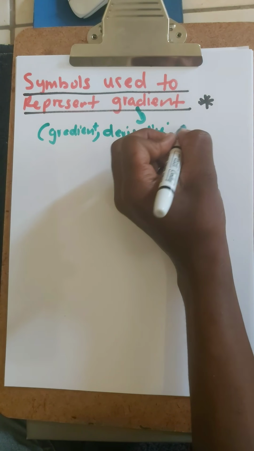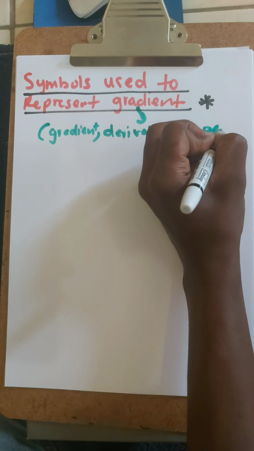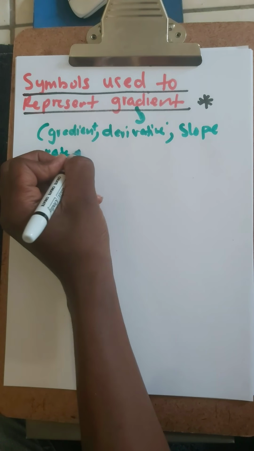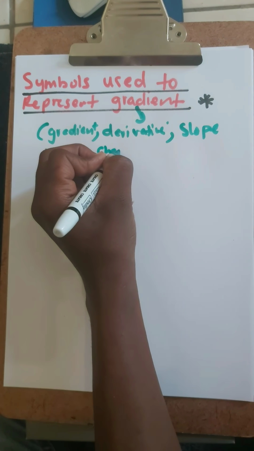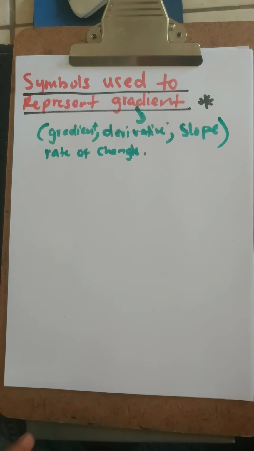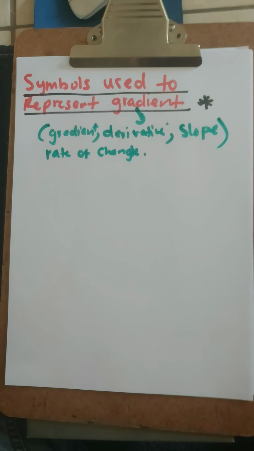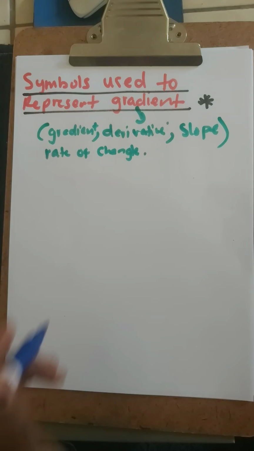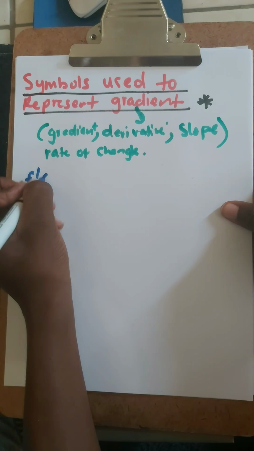Sometimes we call it slope. Slope is also the same thing. Or we call it rate of change. Remember? These things are all one. So when I represent this, f prime of x is a symbol.